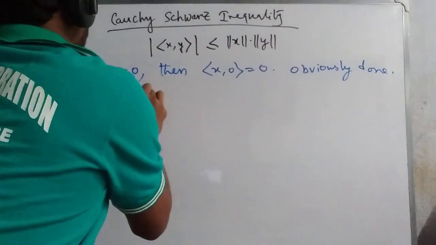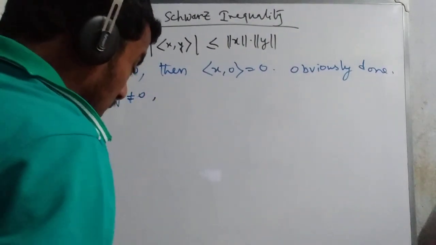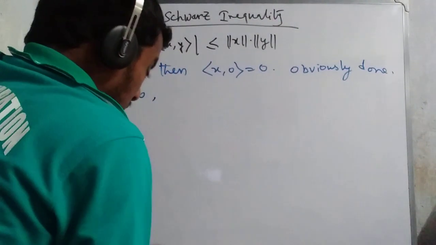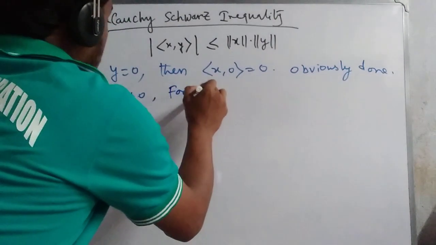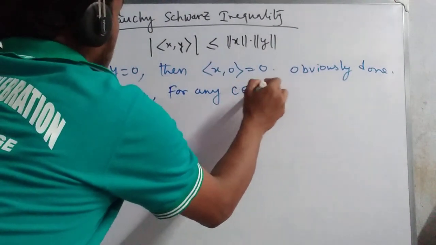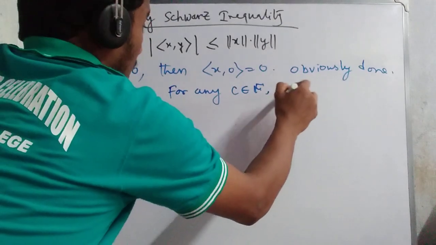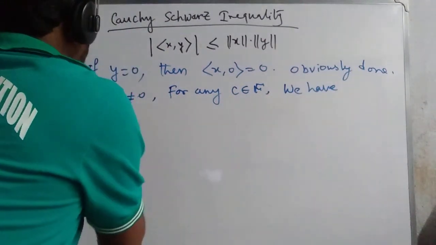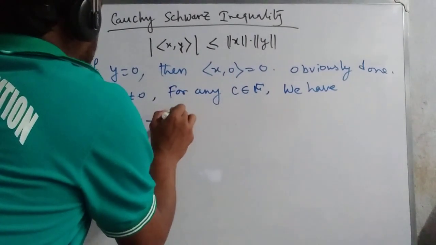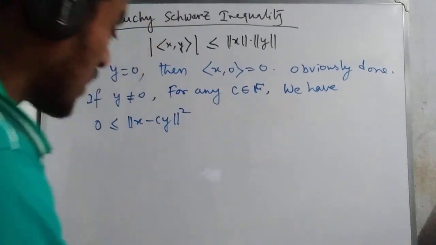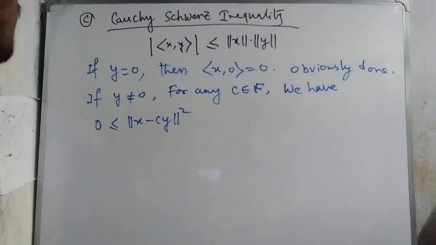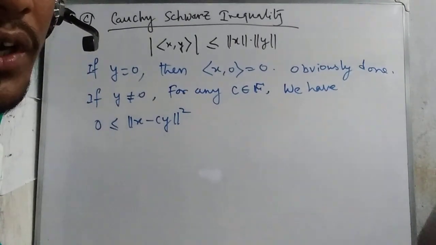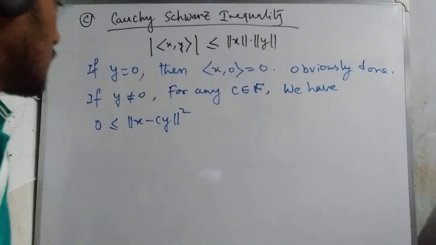If y is not equal to 0, then what happens? For any c belonging to F, we have 0 less than or equal to norm of x minus cy squared. This holds because any norm is greater than or equal to 0.